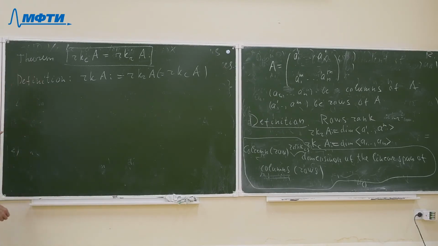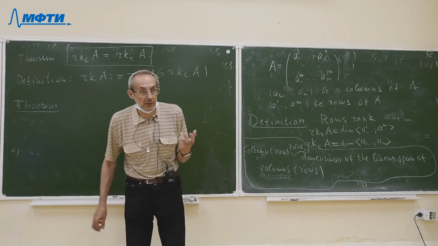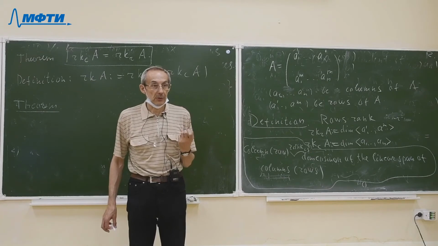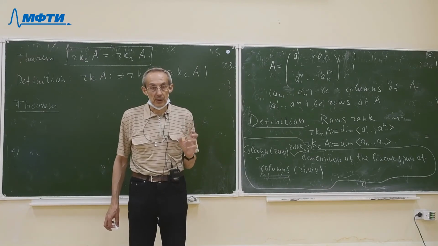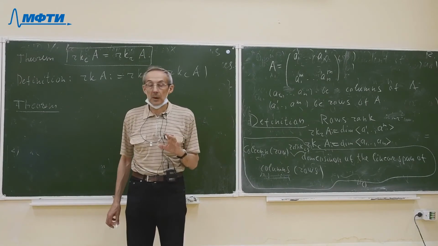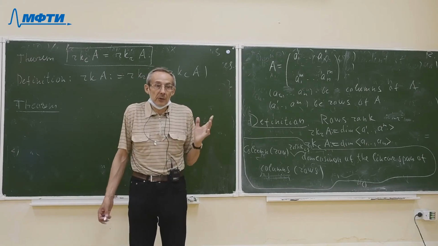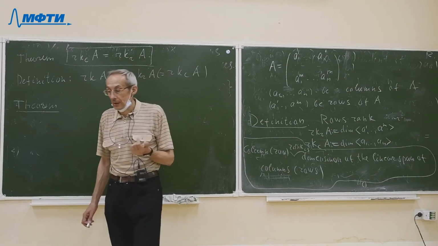This theorem is based on a basic theorem, which asserts that elementary operations on a matrix do not change the row rank, the first part. And the second part is similar for columns. The first part is evident enough. Why?